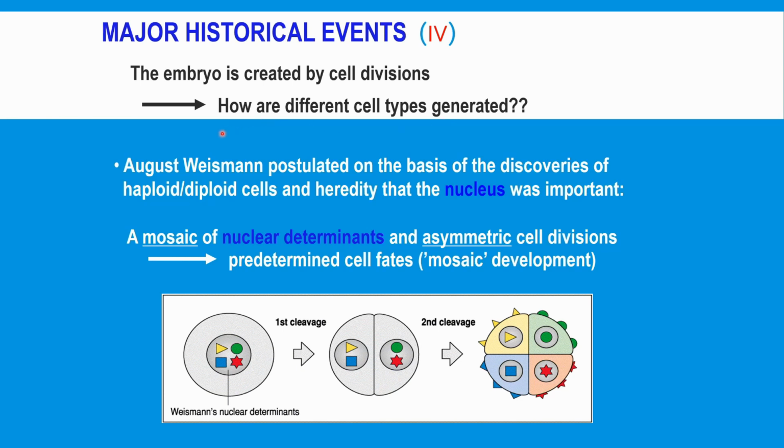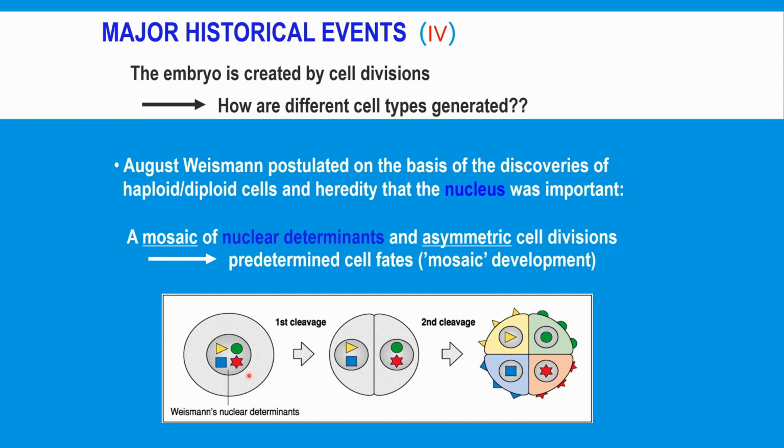And August Weismann postulated, on the basis of discoveries of both the haploid and diploid cells and the hereditary nature of the nucleus, that there were nuclear determinants, unknown factors in the nucleus that were important for the specification of different cell types, or the determination of different cell types.